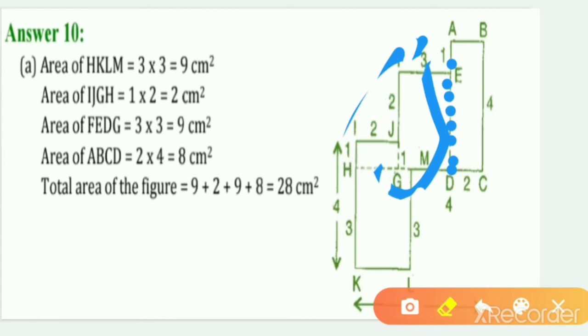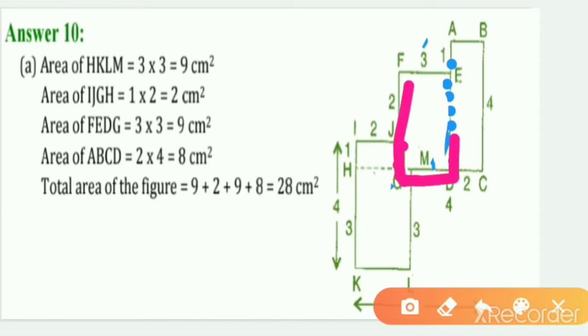We have constructed the dotted lines here. Okay, you can see here we have made dotted lines, and we have completed this as one rectangle. Now it has also become one rectangle and this is also one rectangle.